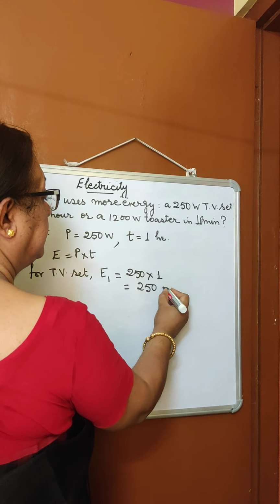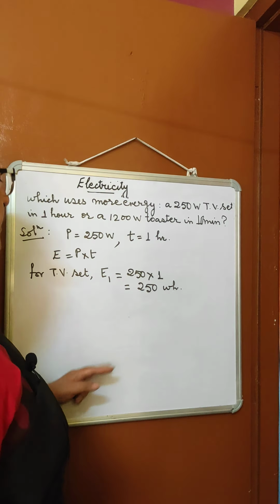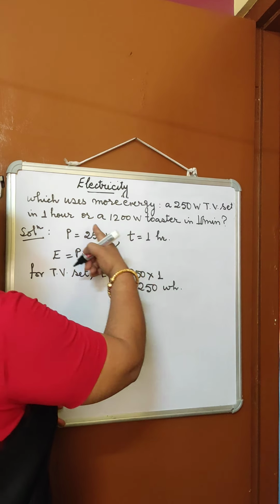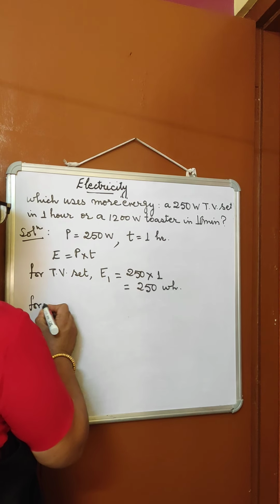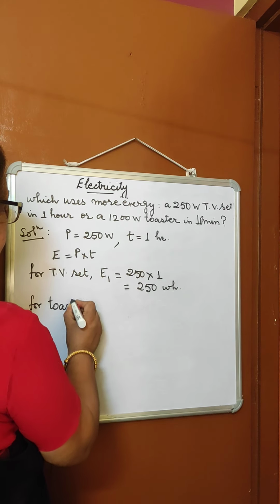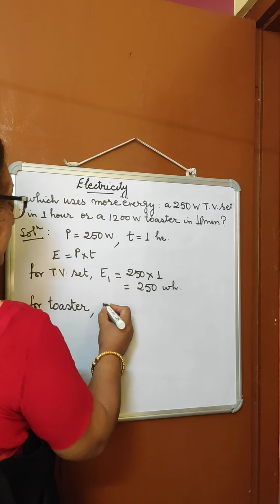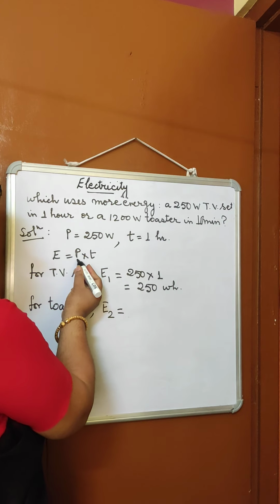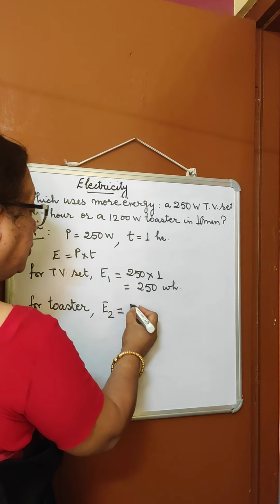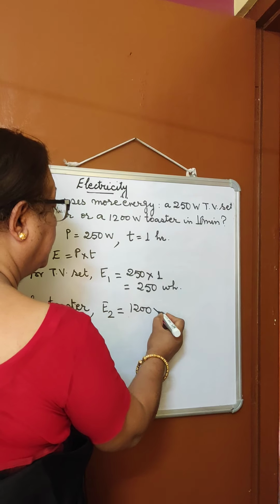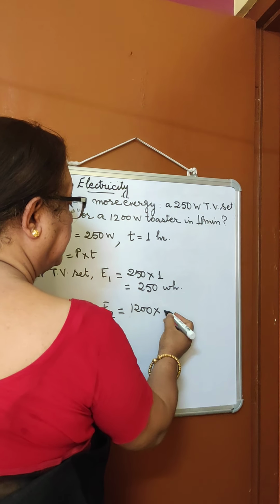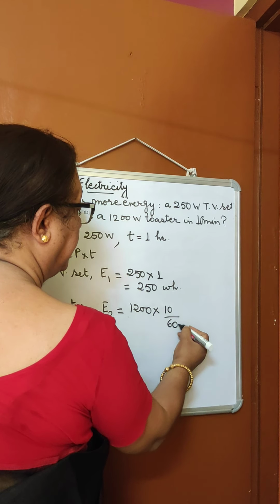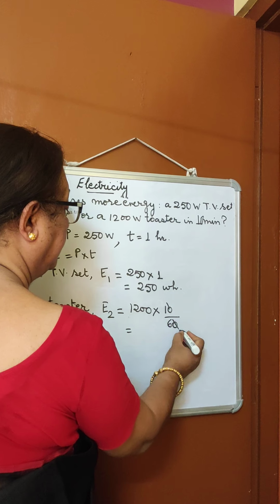You can leave it as watt hour, 250 watt hour. For the toaster, suppose the energy is E2, it will be how much? Again the same relation, power into time. So 1200 into time, 10 minutes. So we have to convert it to hours. 10 by 60.